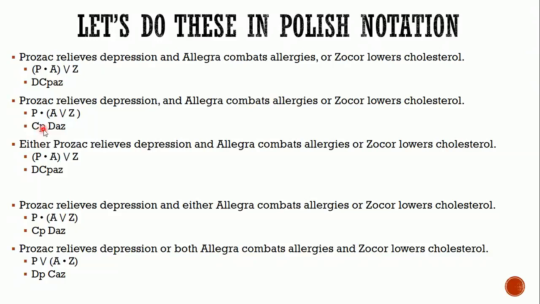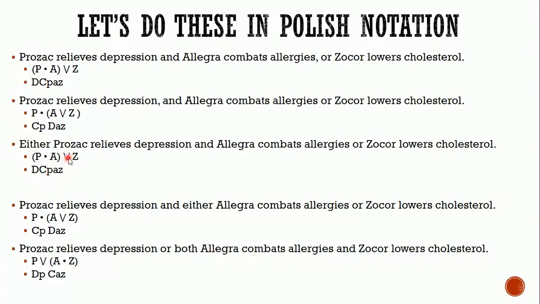So a conjunction of P and the disjunction of A and Z. I mean, A or Z. You see that? See how we translate this? If you just learn Polish notation, then just pay attention to this. Capital C, lowercase p, space, capital D, lowercase a, lowercase z.